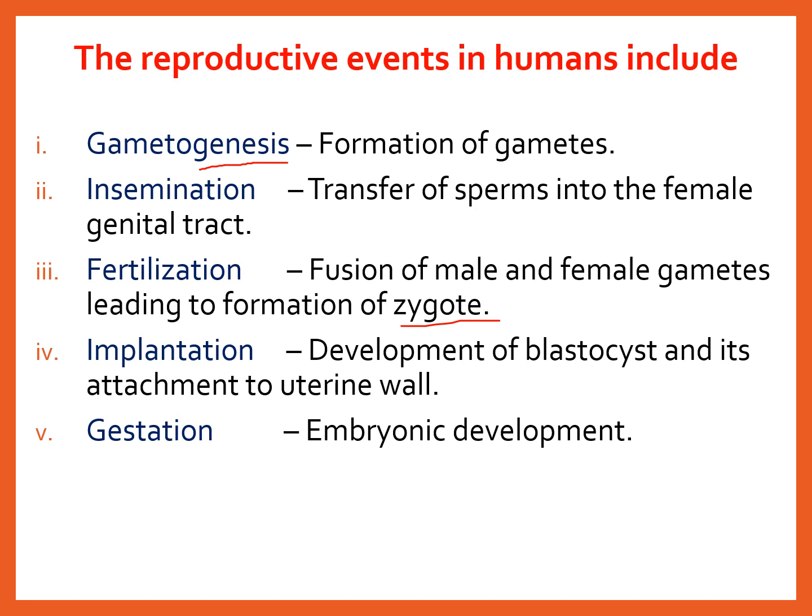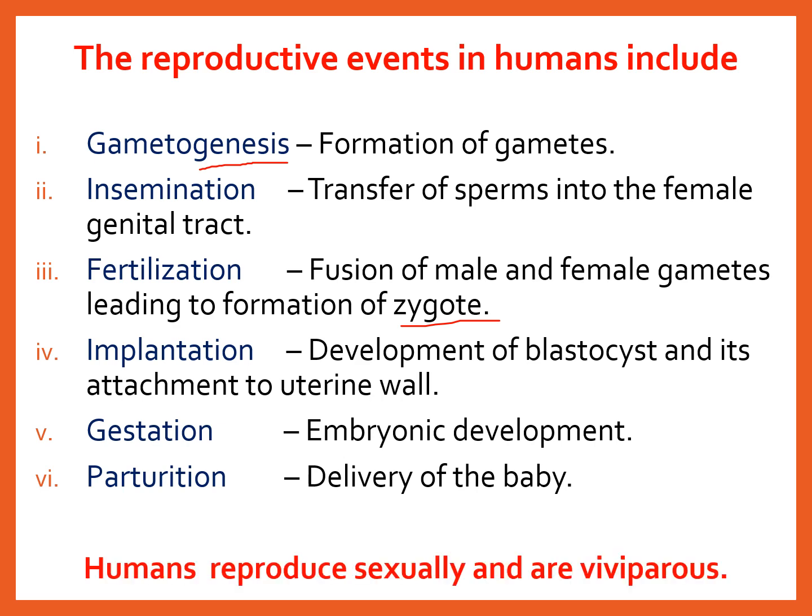That is, gestation is the duration in which the embryo develops completely to form a full-grown baby. Once the baby is completely developed, it has to come out of the mother's body, and this step is called parturition, which is delivery of the baby.